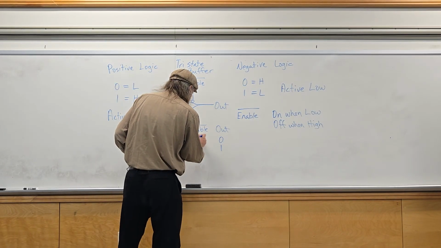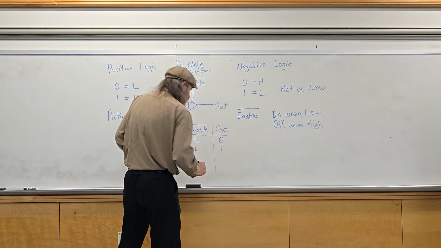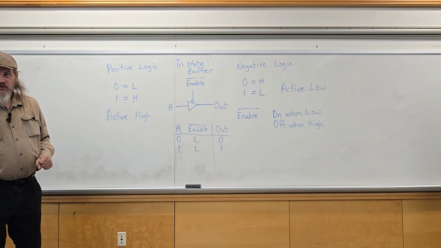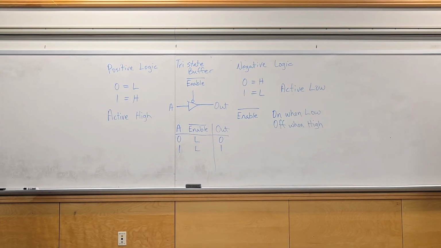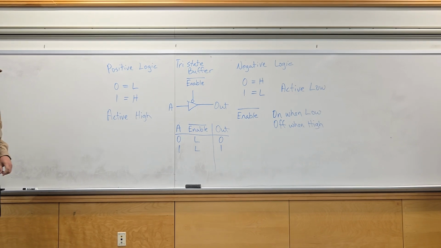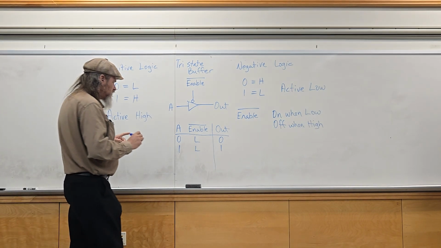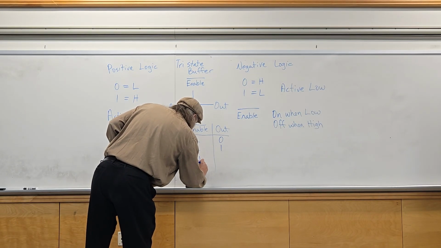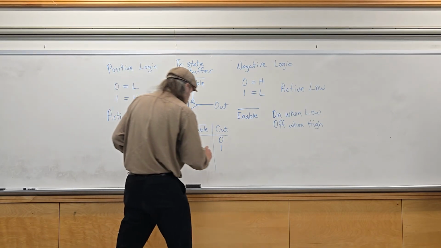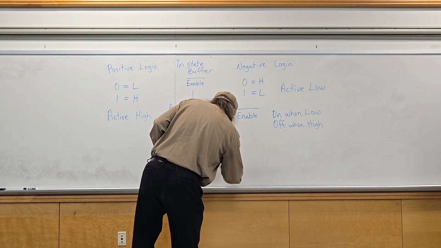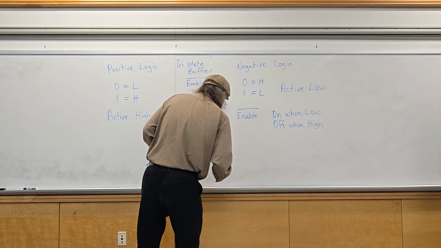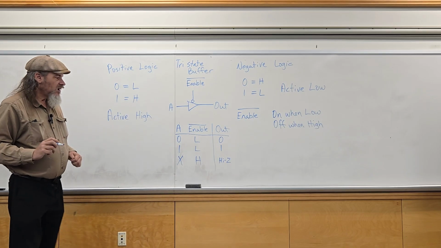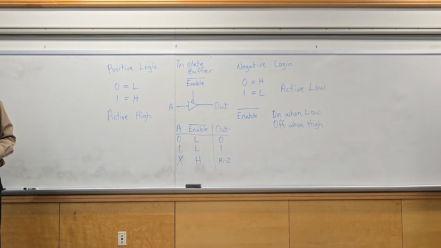And this is why these are called state diagrams rather than truth tables. Although people use the term interchangeably, they do mean different things. When the enable is high, the output is a high impedance state.